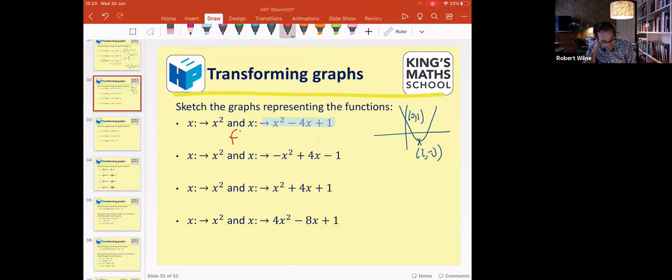If you want to think of this as f of x is x squared subtract 4x plus 1, then what are these? And then what's the transformation?